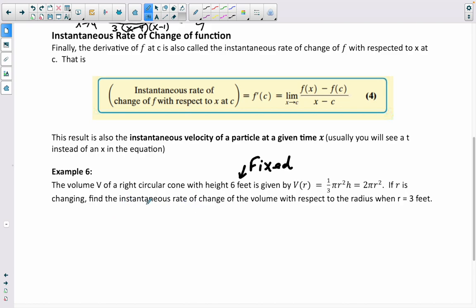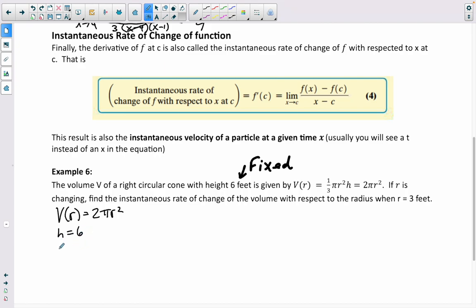We're going to find the instantaneous rate of change of the volume with respect to the radius when r equals 3, okay? So if we look at V of r, we know V of r is equal to 2 pi r squared. This is because h equals 6.